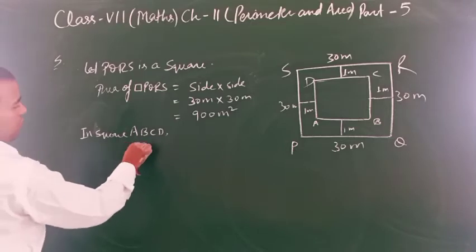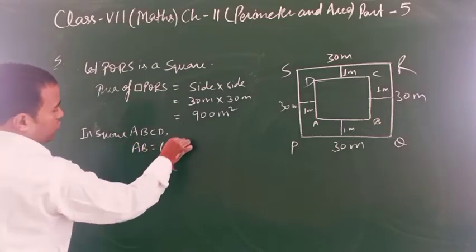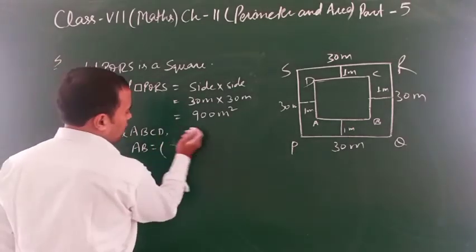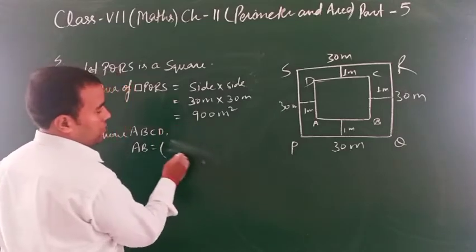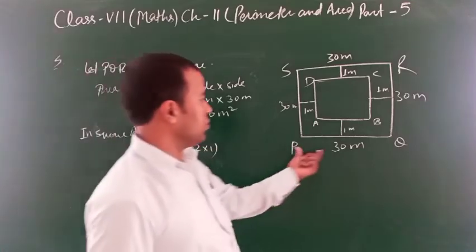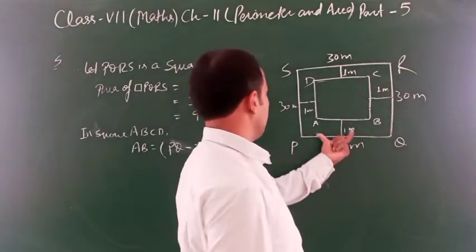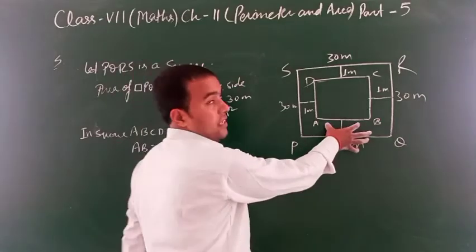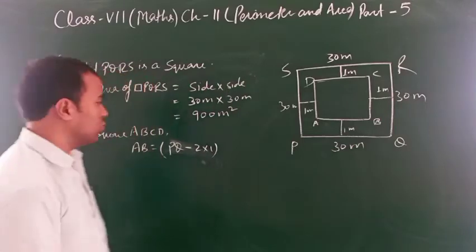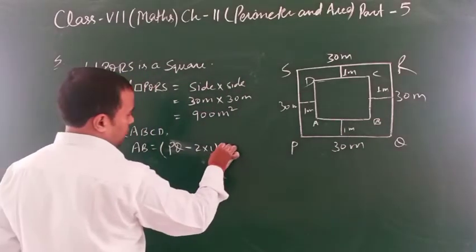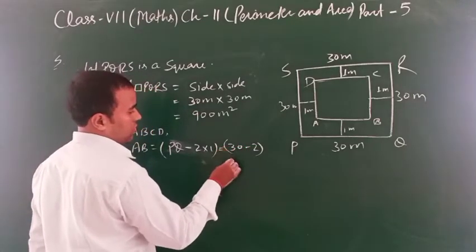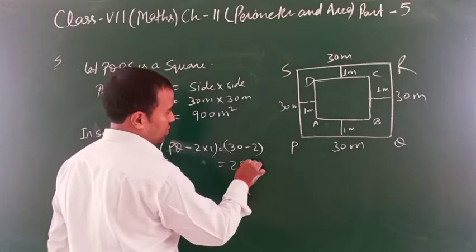Length of AB equal to PQ minus 2 into 1, that is 30 minus 2, equal to 28 meter.